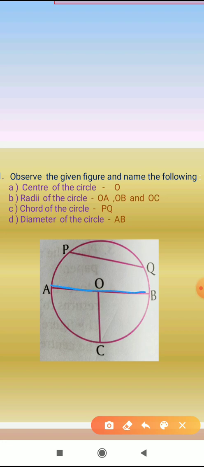Due to AB, this circle is divided into two equal halves. So AB is the diameter of the circle. See students, the center of the circle is O, the radii are OA, OB, OC, the chord is PQ and the diameter is AB.